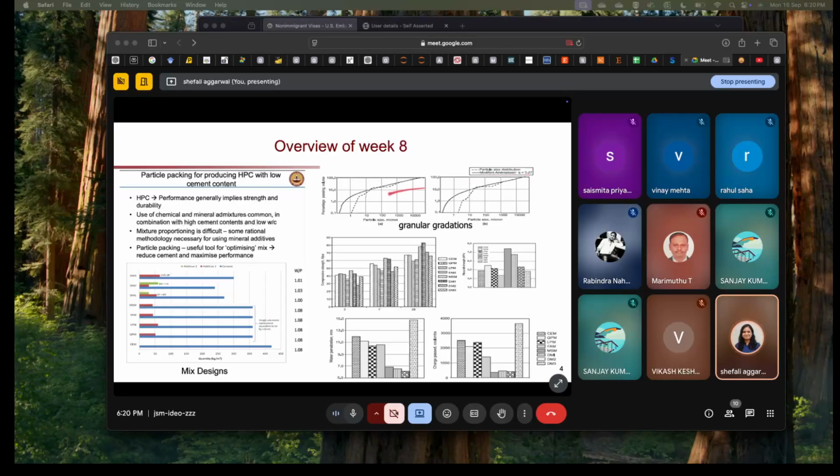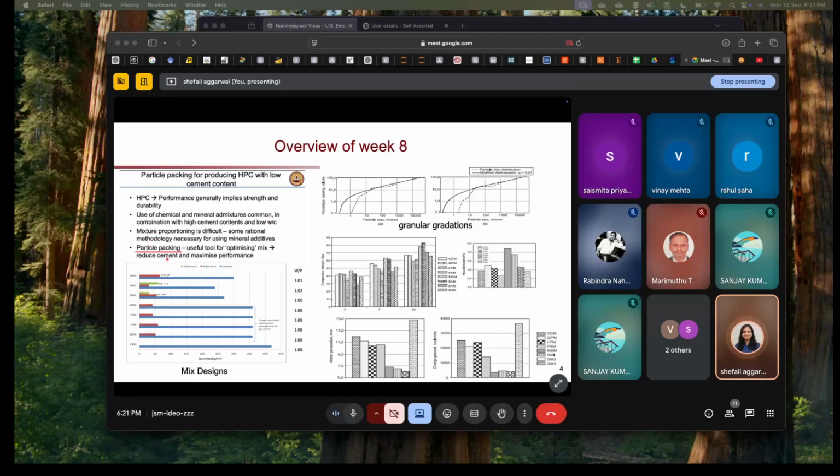Using that model, you see how our particle size distribution is changed. This is the normal particle size distribution curve which we are getting from the experimental way, and this is from the model. This is one of the test methods we are doing to get the particle packing.